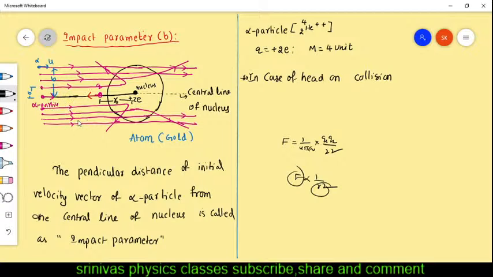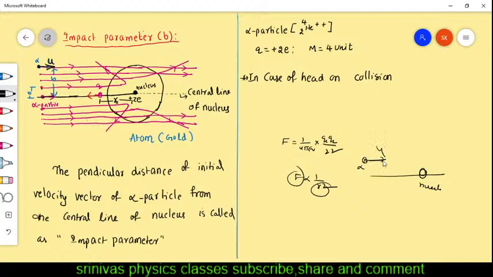What is impact parameter? This is the initial velocity of the alpha particle. For example, this is an alpha particle, it is thrown like this. This is the initial velocity of the alpha particle, and this is the center line. This line is the central line of the nucleus. This is the nucleus, and the alpha particle is incident like this.